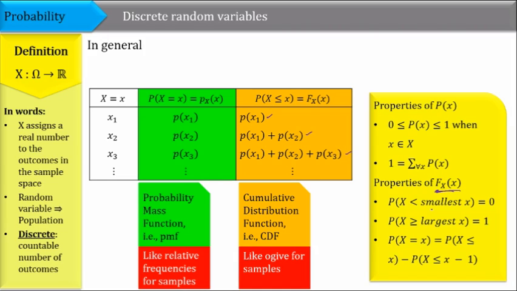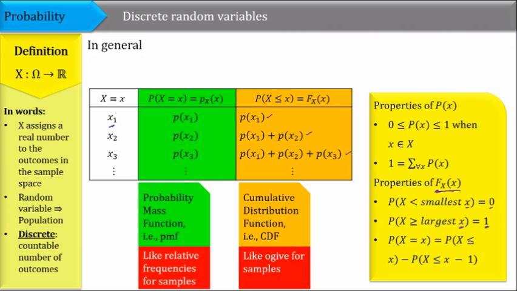If x is less than the smallest value in the sample space, or less than the smallest value of our random variable, then the probability will be 0. Because only once we reach the smallest value in the sample space, then we start accumulating. Before that, we have nothing. Once we've reached the largest x value and we pass it, then we have a probability of 1, because then we've accumulated everything.